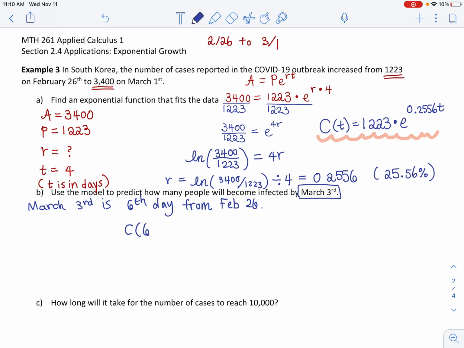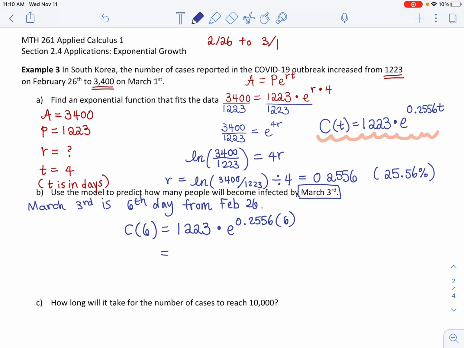So I'm going to go ahead and find C of 6. So 6 days later, how many people are infected in South Korea? I think in the very next class, or the next week, we actually checked the number and we were pretty close.